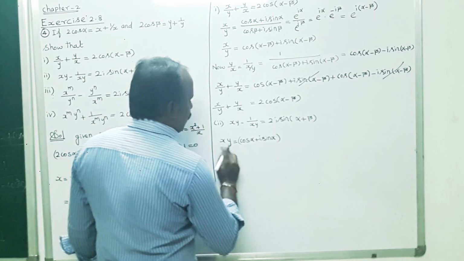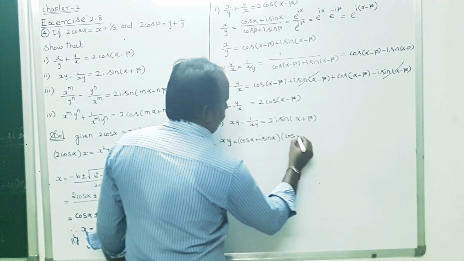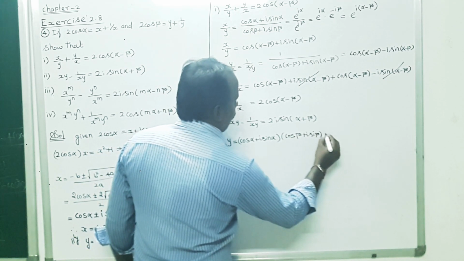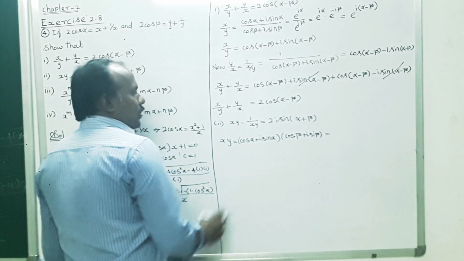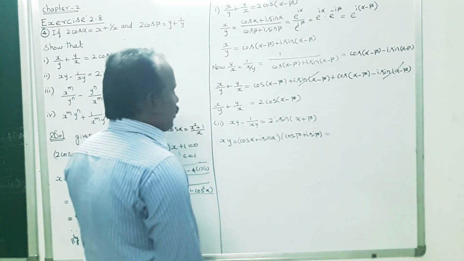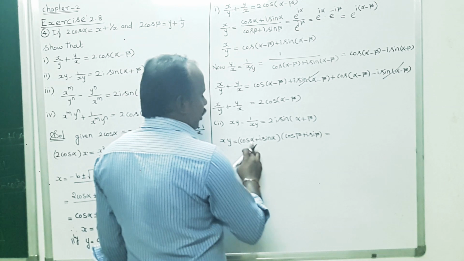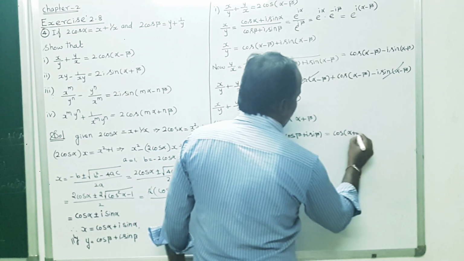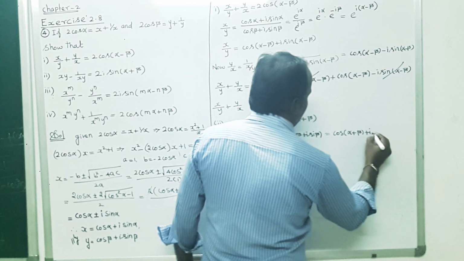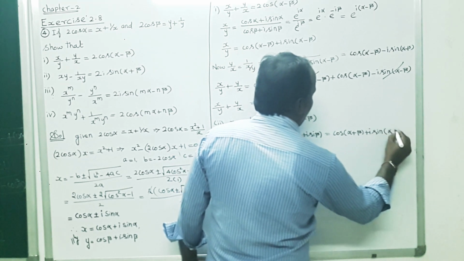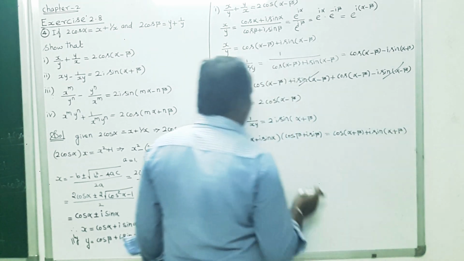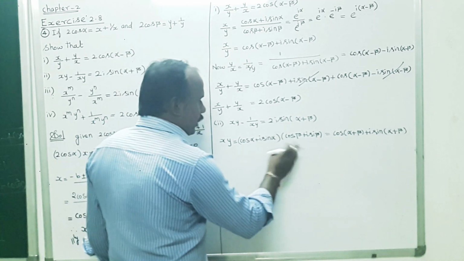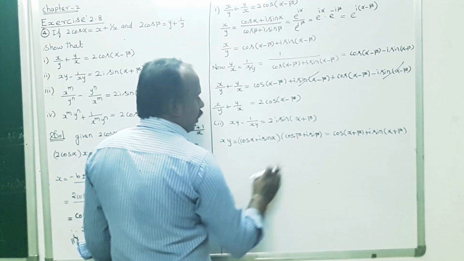Next, y means cos beta plus i sin beta. So multiplication of two complex polar forms is addition of the angles, that is cos of alpha plus beta plus i sin of alpha plus beta. That is the multiplication of xy. Multiplication of two complex polar forms is simply adding the angles.